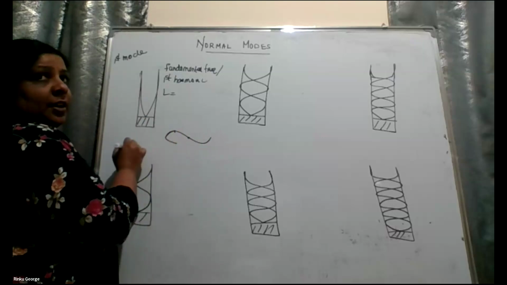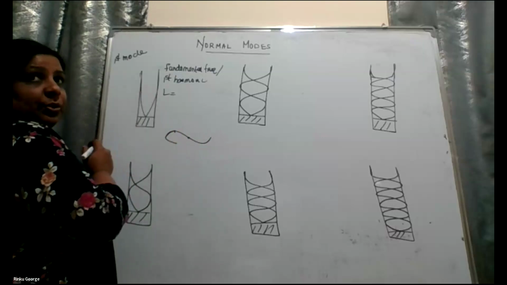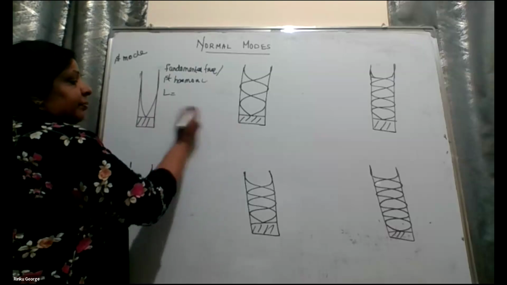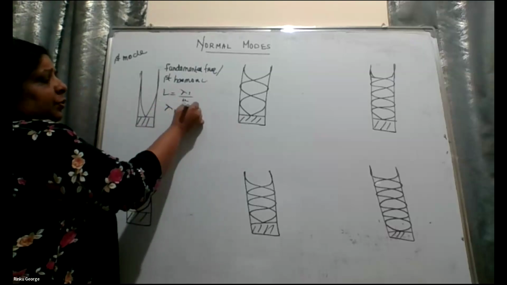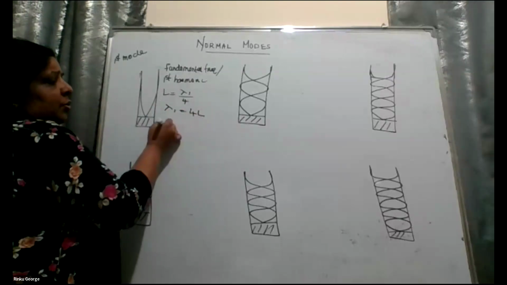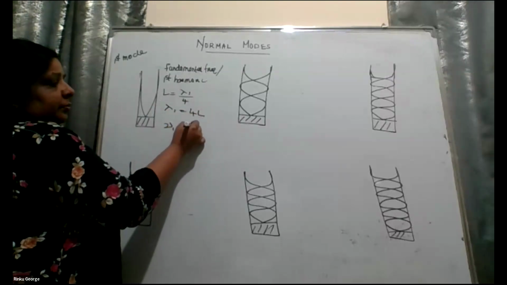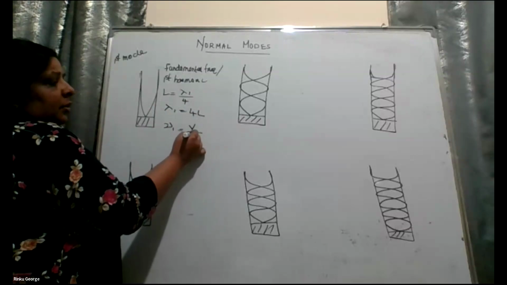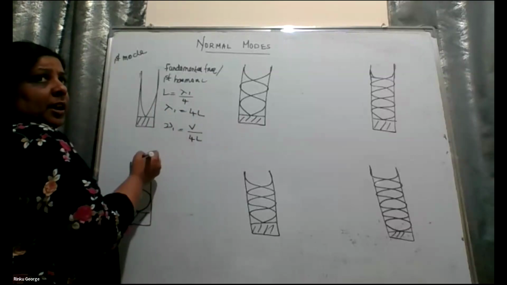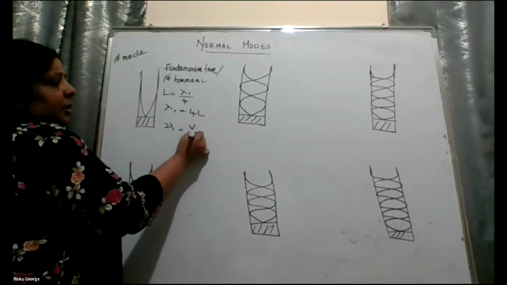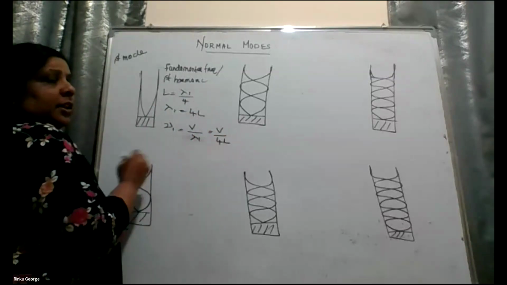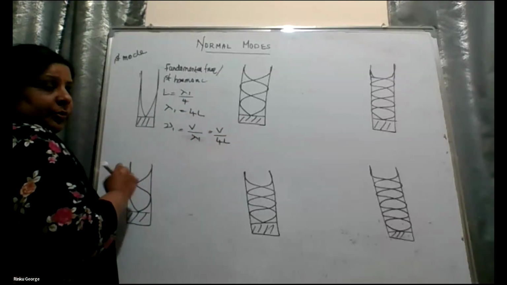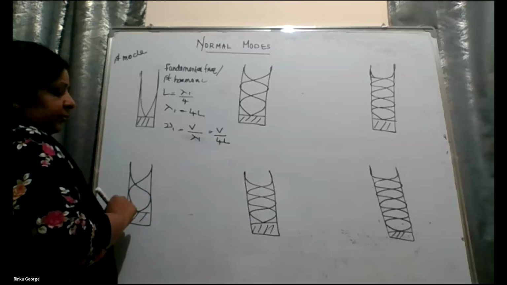Only this much you have, right? So here L is lambda by 4. Okay. Lambda 1 by 4, so lambda 1 is 4L. So what will be nu 1? V by lambda 1. That is V by 4L. That's it. Understood?